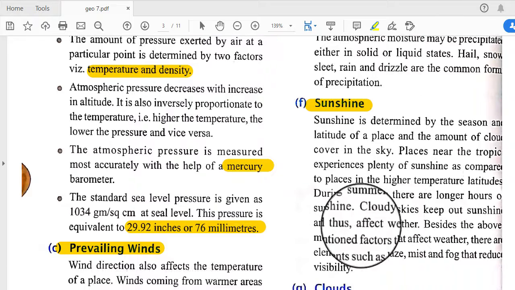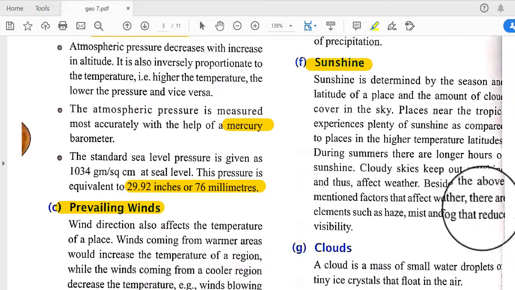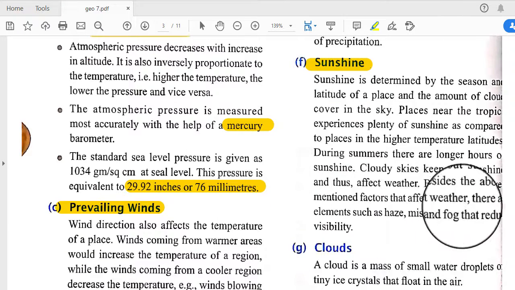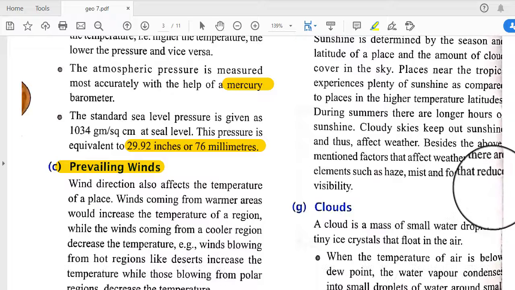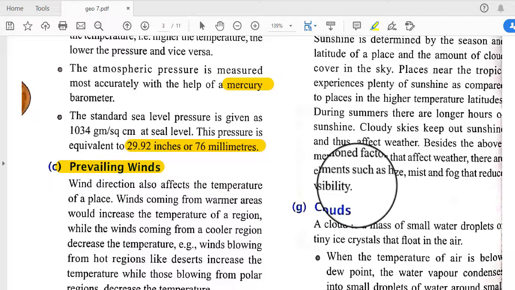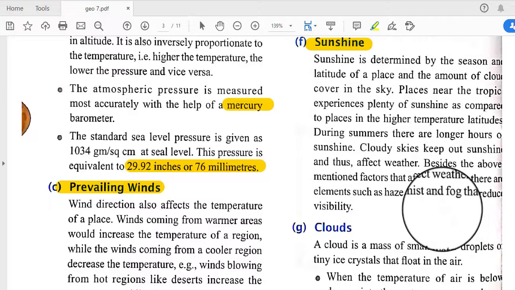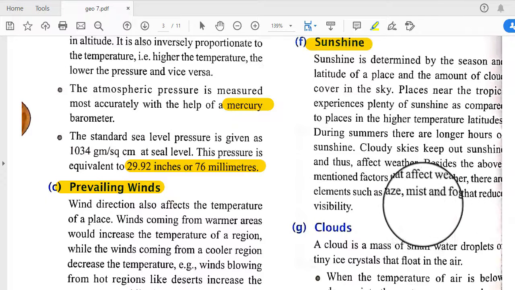Sunshine also varies from one latitude to another: in the equatorial region the sun's rays fall vertically, and in the polar region the amount of sunshine is very less. Besides the above mentioned factors that affect weather, there are elements such as haze, mist and fog that reduce visibility.